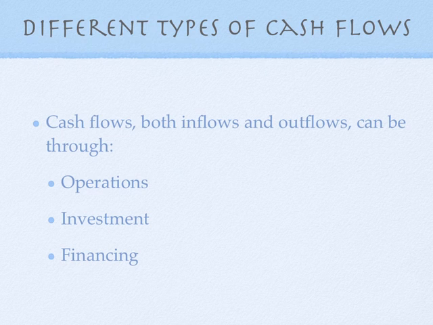If a company bought a building, it would have an investment cash outflow, but if it sold a building, it would have an investment cash inflow. Likewise, if a company borrowed money from a bank, it would have financing cash inflows, but if it repaid that loan, it would have financing cash outflows.